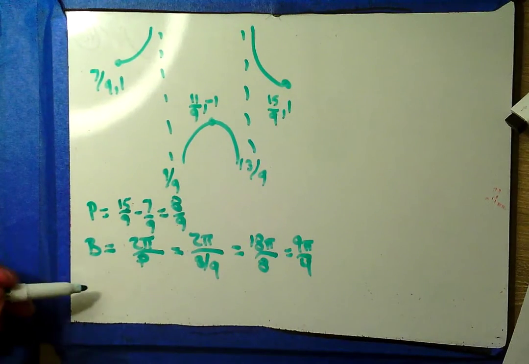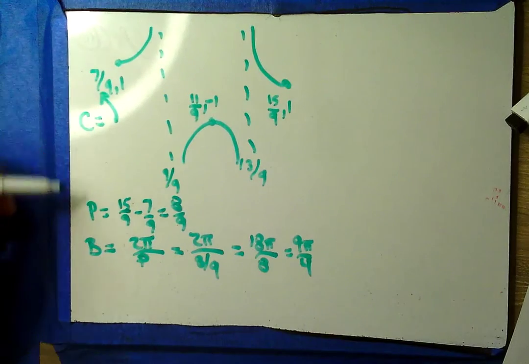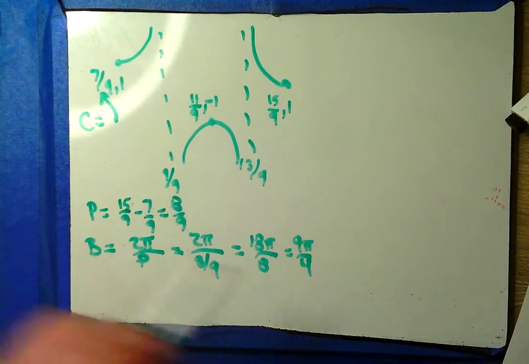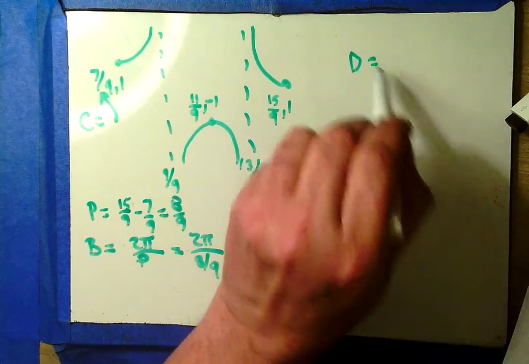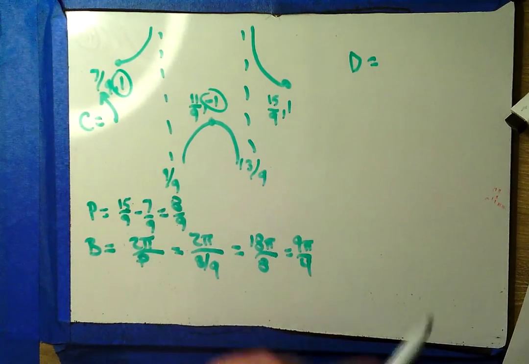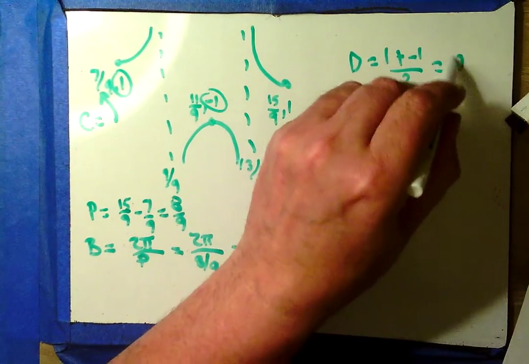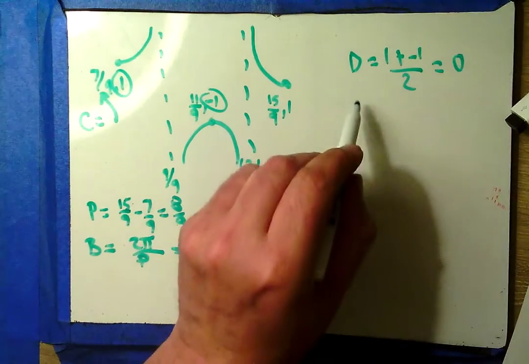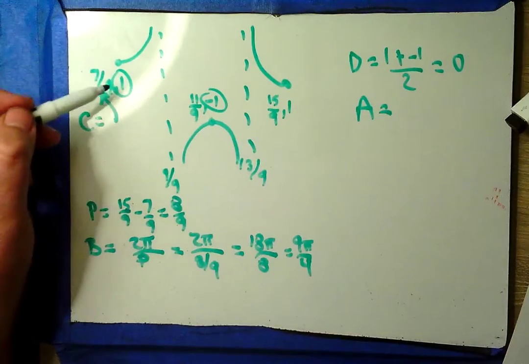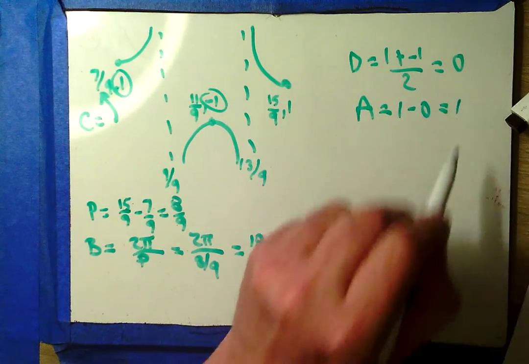We need to find our c value. Again, our c value is this starting x. We need to find our d. D is the average of the high y value and the low y value. So we've got 1 plus negative 1 over 2, which is 0. And our a value is that high y minus d, so 1 minus 0, or 1.